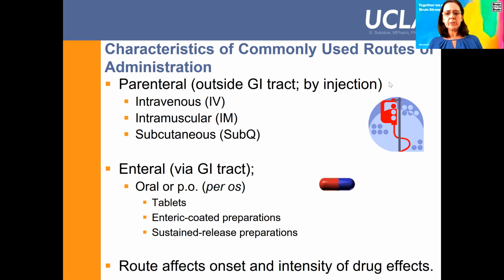And then you have the parenteral route, more for emergency situations: the IV, the IM, intramuscular, and then sub-Q, which stands for subcutaneous. So parenteral means outside the GI tract by injection, compared to enteral via the GI tract, oral or PO. And of course, those routes are going to affect the onset and the intensity of the drug effect. We will talk about that in the next module.